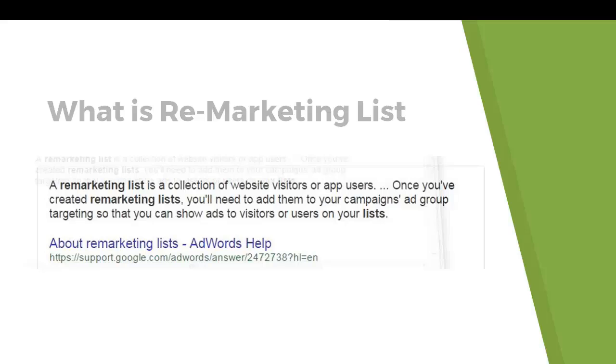From a definition perspective, this is what remarketing list means. It is a collection of website visitors or app users. Once we have created a remarketing list, we need to add it to our campaigns and add group targeting so that we can show ads to visitors or users on that list.